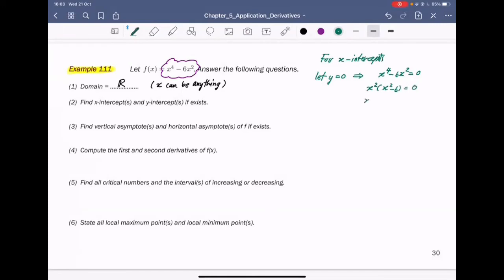Then you solve for x, and you get 0, plus or minus square root 6. Which means my x-intercepts are (square root 6, 0), (0, 0), and (negative square root 6, 0). This is my x-intercept.